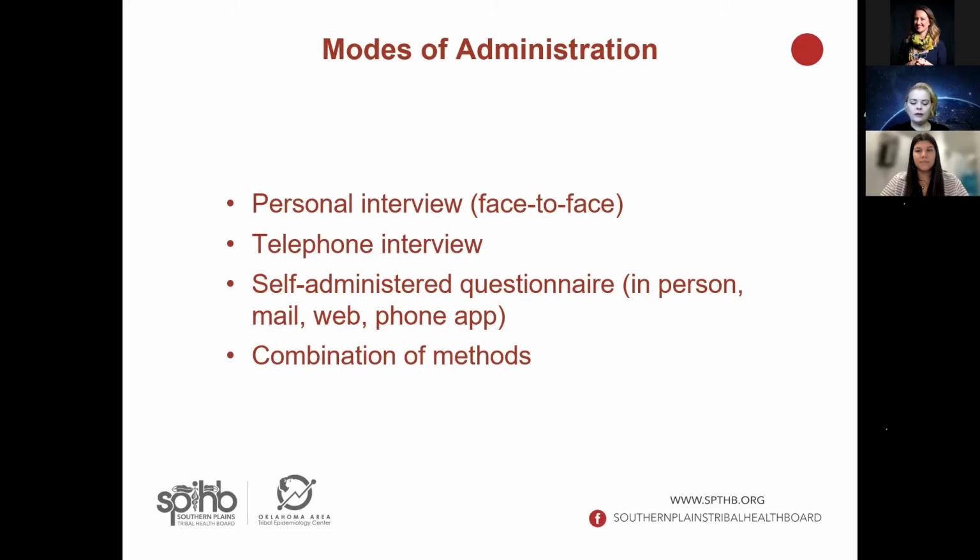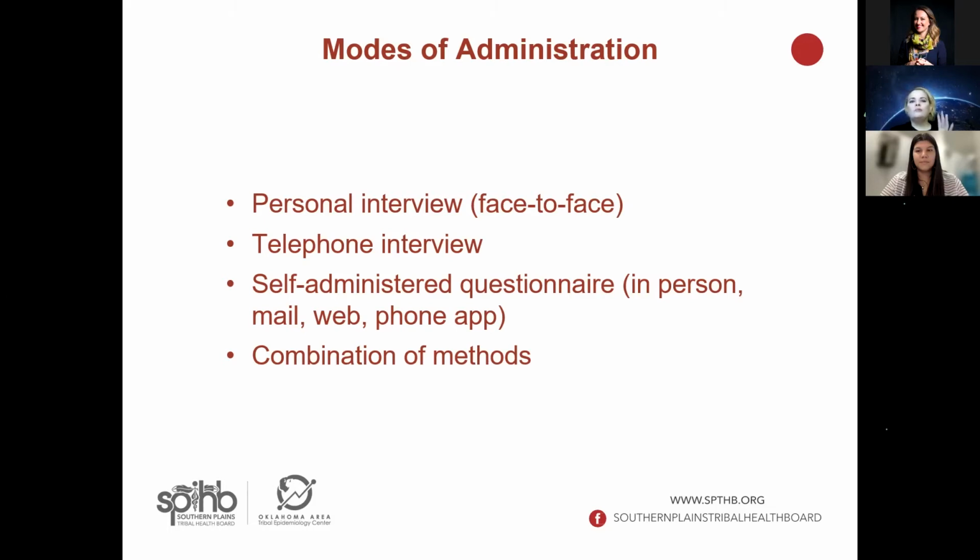There's also self-administered questionnaires, in person, through mail, or online. This is the most common in my experience. It's the best and easiest, in my opinion, because multiple people can take it at the same time. You don't have to have one person who's actually going out and conducting interviews. There are a lot of web-based survey technologies. I think most people probably have heard of SurveyMonkey.